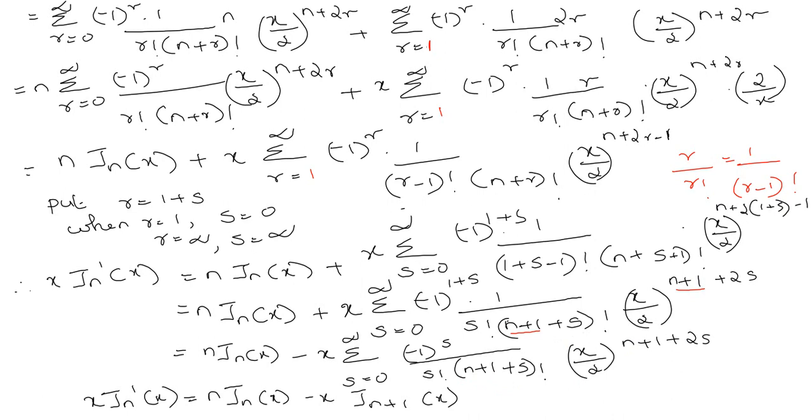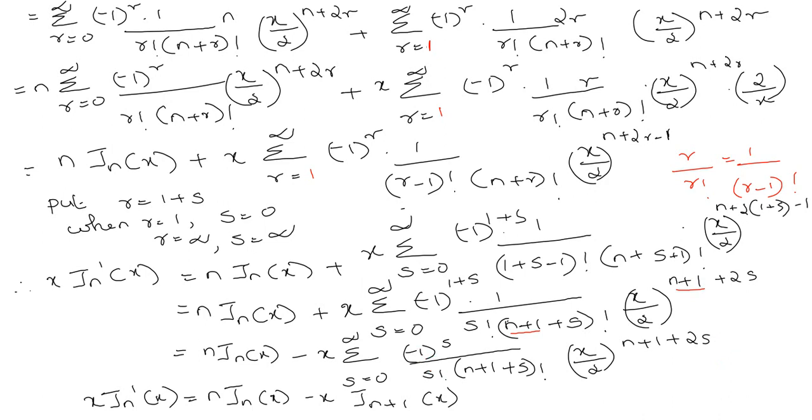It can be seen that instead of n in the Bessel's function, here it is n plus 1 in the place of n. So this is the equation for Jn plus 1 of x. Here also it is n plus 1, here also n plus 1. All other terms are similar to Jn of x.